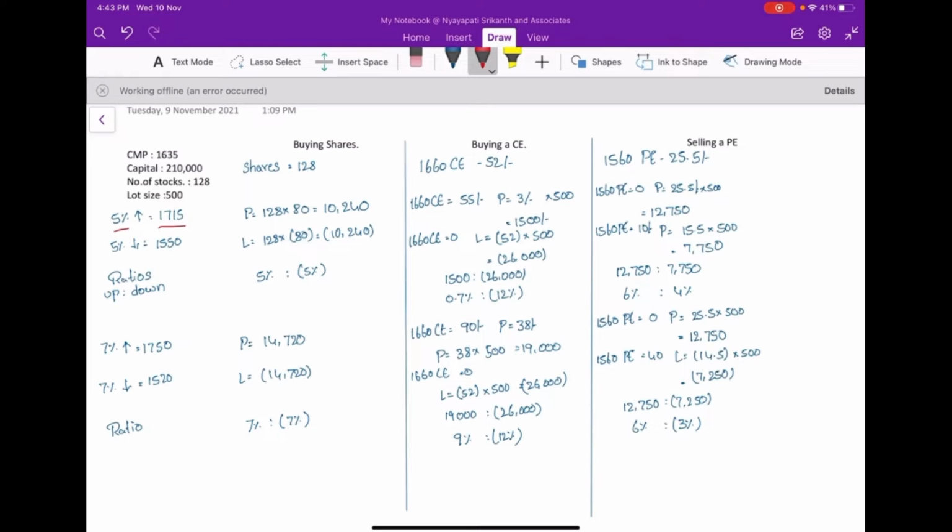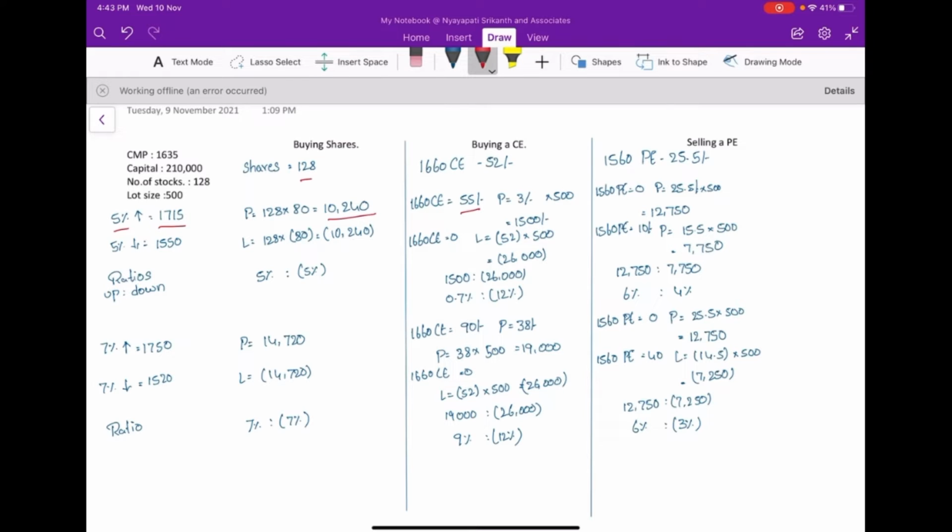As it moved by 5%, if you buy shares, the profit will be almost the same percentage, because from 1635 to 1715 is 80 rupees profit, and you have 128 shares, so the profit will be 10,240. And the call option will expire at somewhere around 55 rupees.